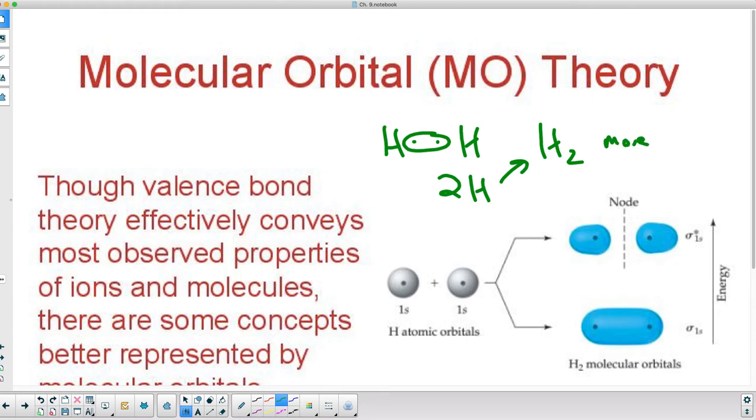This would only happen in nature if it were more stable and gave off energy. I simplified that, but that's basically true. So notice that I have hydrogen here, and they come together to form a bond, and that bond is lower in energy. That's why this goes down like this.